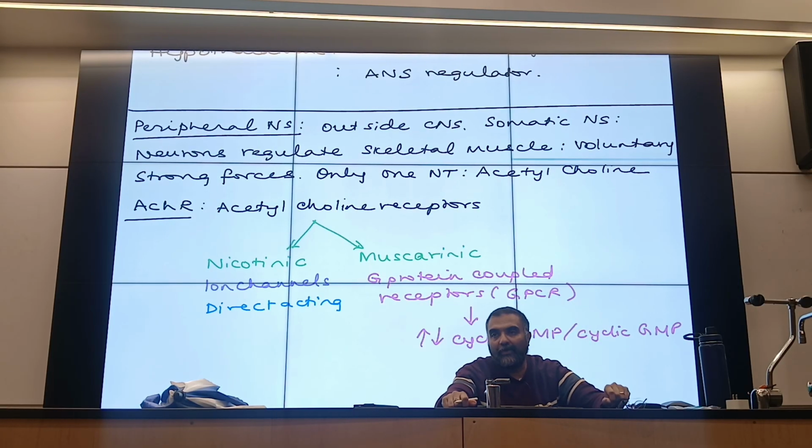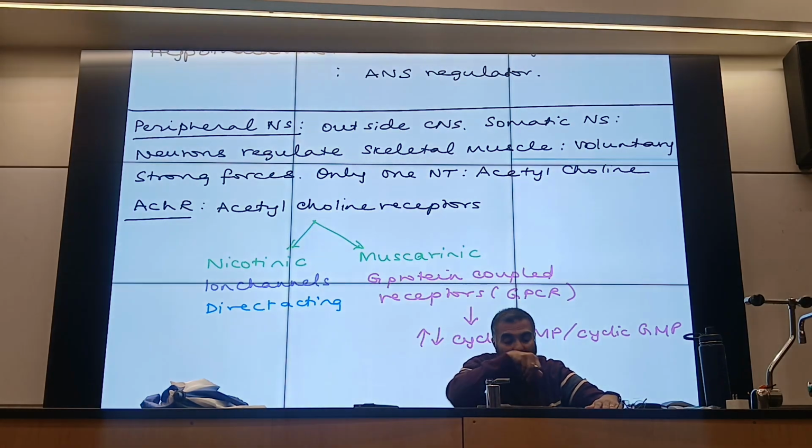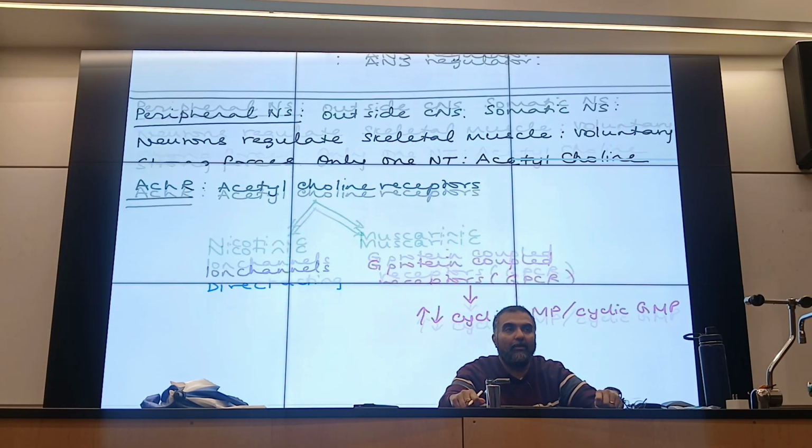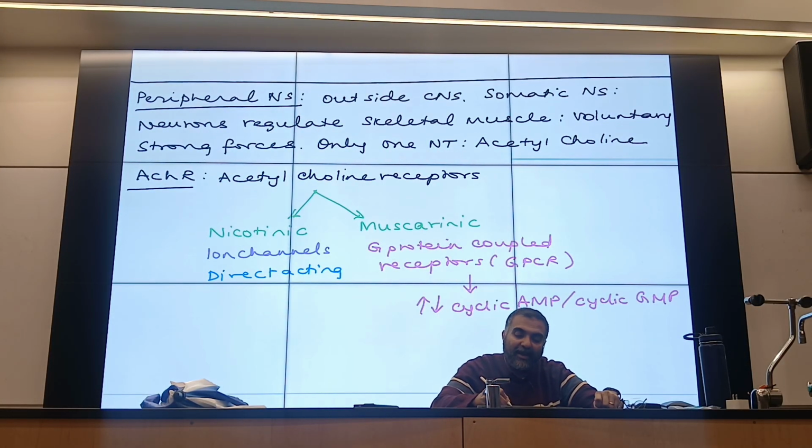It could be either one. Remember, if it's excitatory, it goes up. If it's inhibitory, it comes down, usually. Okay, there are exceptions there too. But if you're curious, ATP gives rise to cyclic AMP, and GTP gives rise to cyclic GMP.